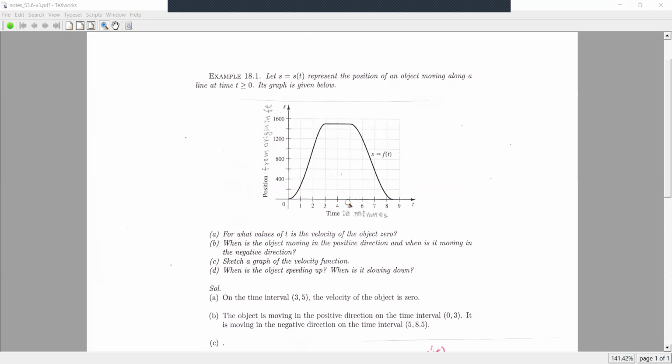Similarly, between 5 and 8.5, the object is moving in the negative direction because all the tangent lines between 5 and 8.5 have negative slopes.